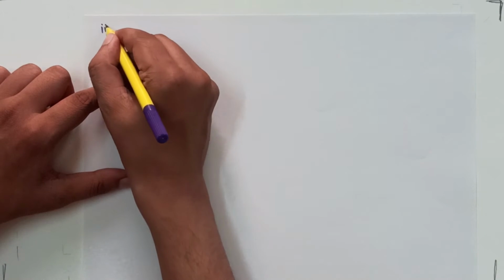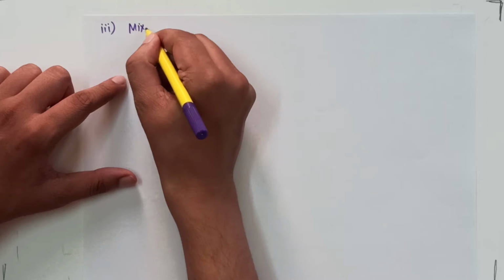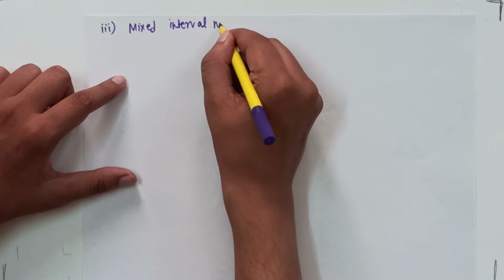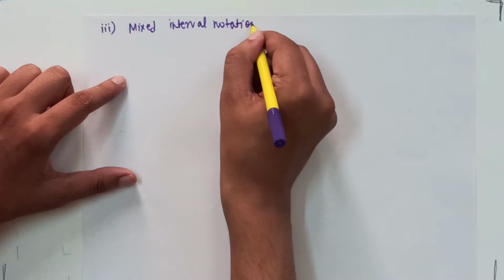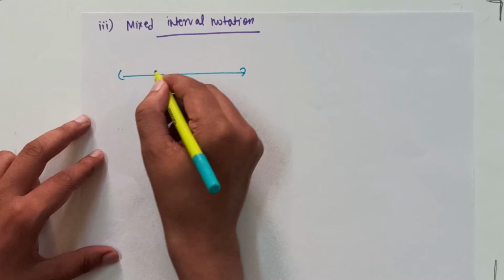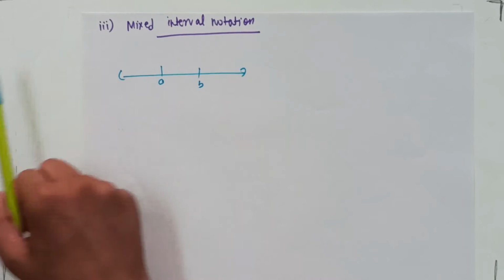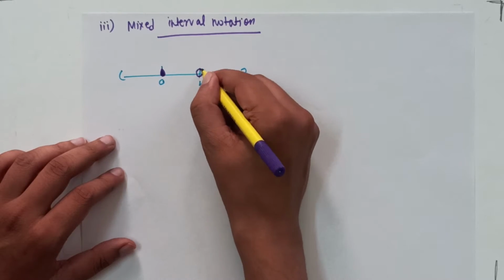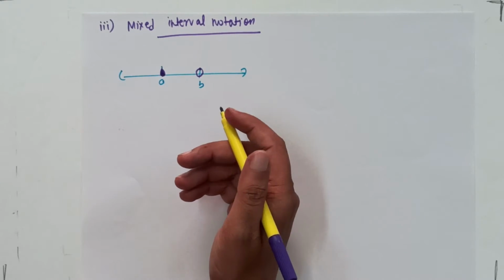Now there is a third type of interval notation known as mixed interval notation. For example, again I take a number line, take 2 points A and B. Suppose I circle A completely and just circle B, not fill it.